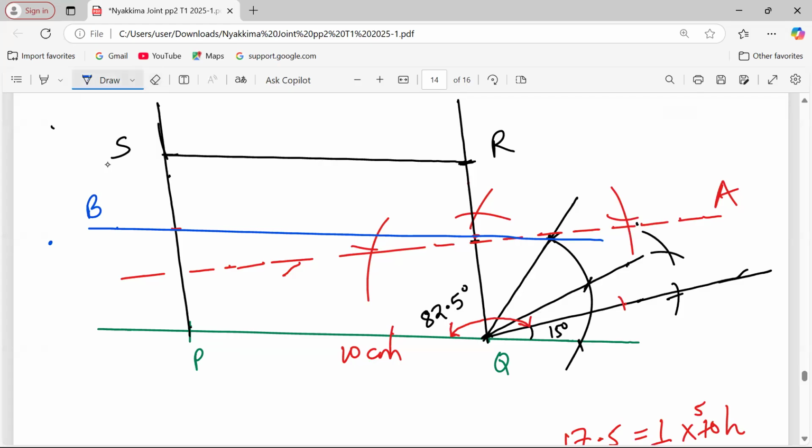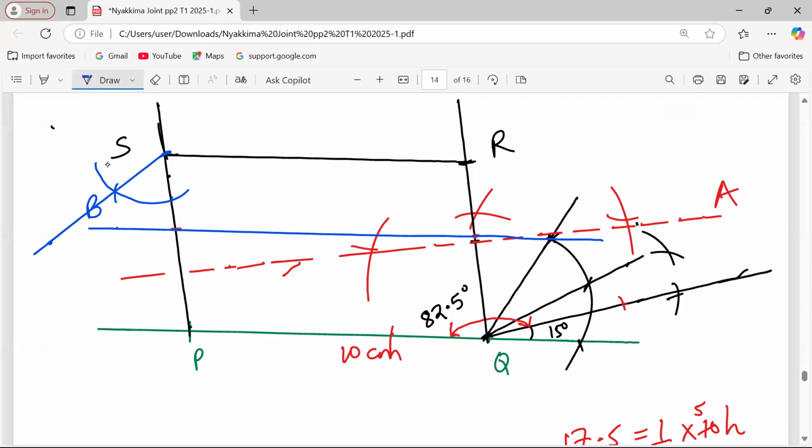Remember, all this should be done without a protractor. At this point, I'm supposed to stand at S and make an arc. Then standing on this arc, I cut the first one such that I produce an angle equivalent to 60 degrees.